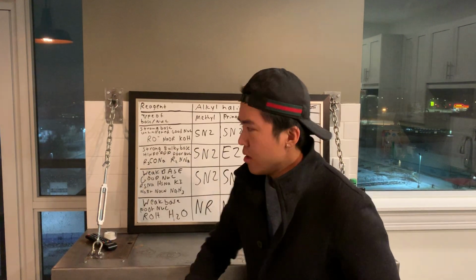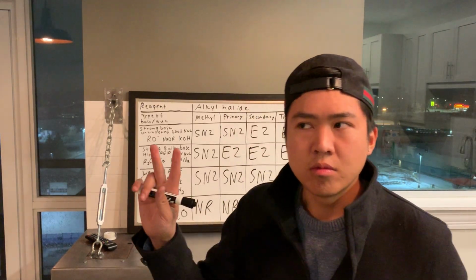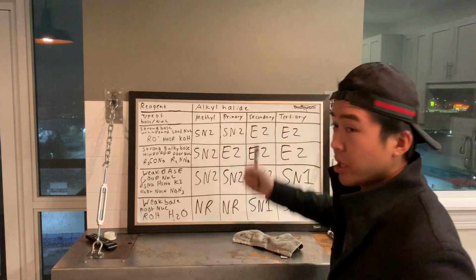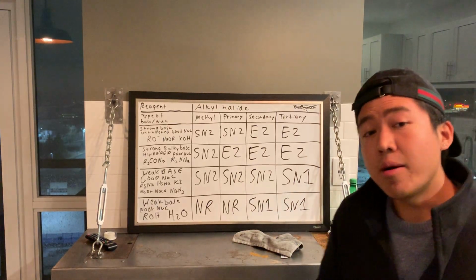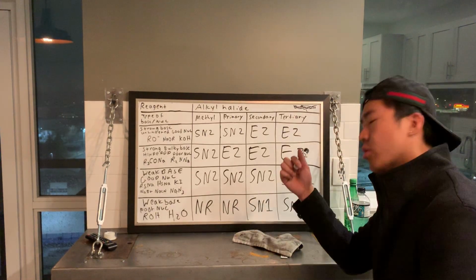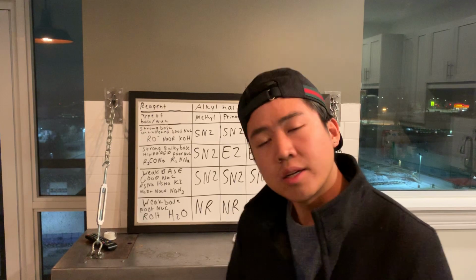Okay. So secondary and tertiary, your substrate's more hindered, your alkyl halide's more hindered. And hey, now I can form a carbocation on a secondary or a tertiary. Okay? Because hyperconjugation, what does that mean again? Carbons and hydrogens have electrons.